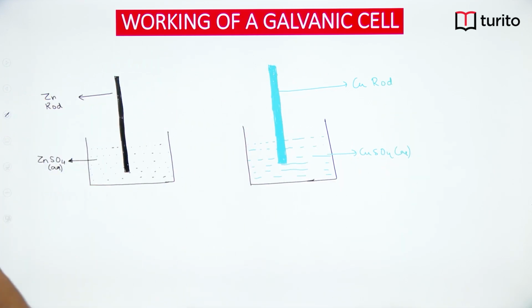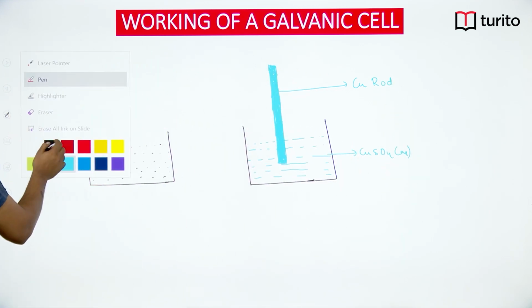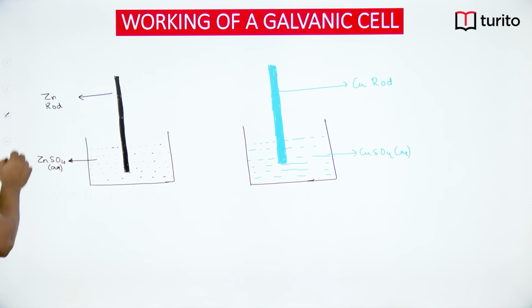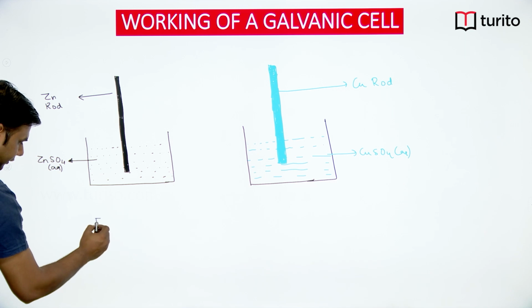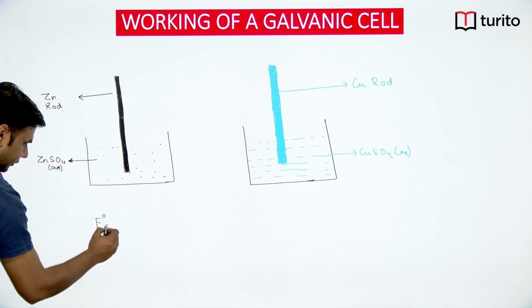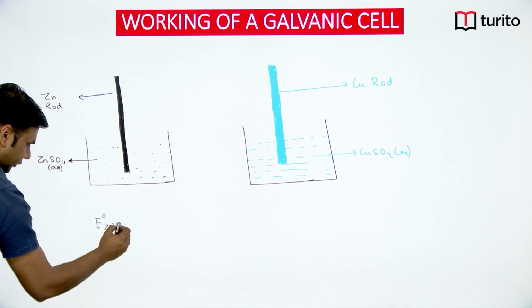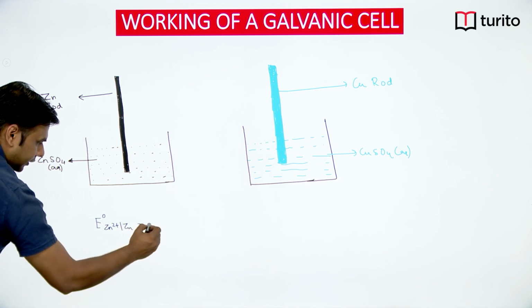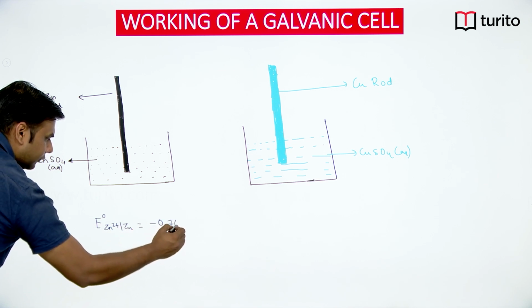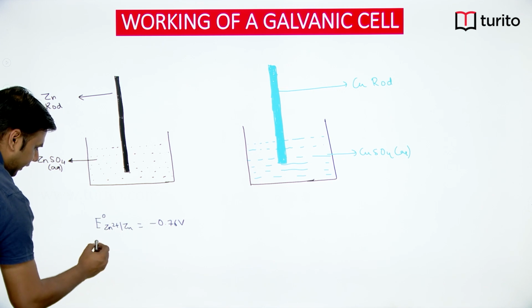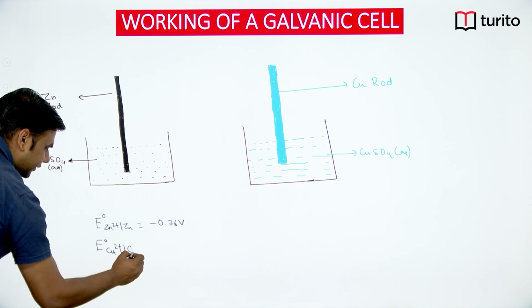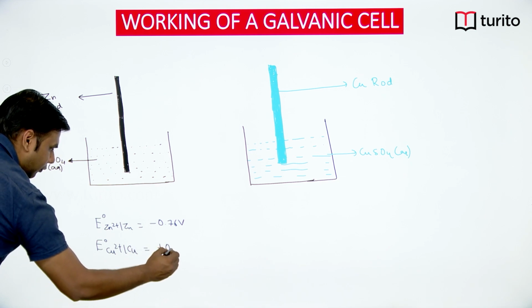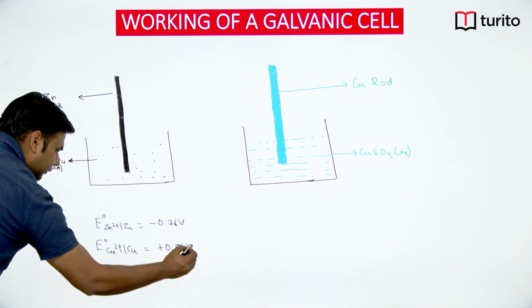Now we know some of the thermodynamic data. In this case we know that the reduction potential of zinc is minus 0.76 volt and the reduction potential of copper 2 plus is 0.34 volt.